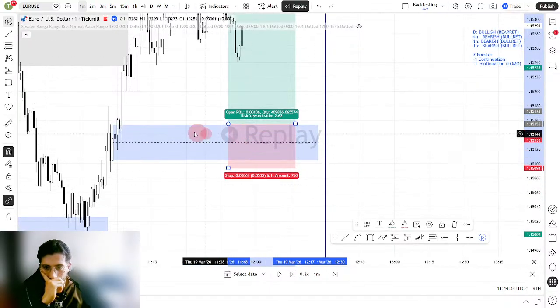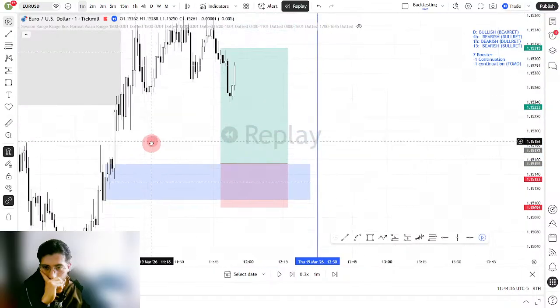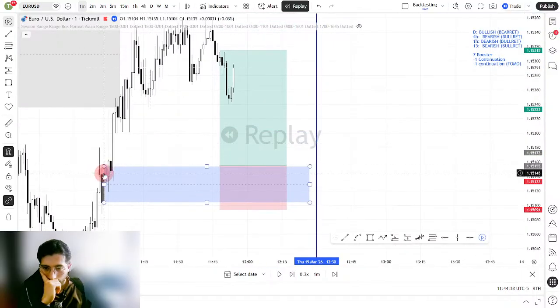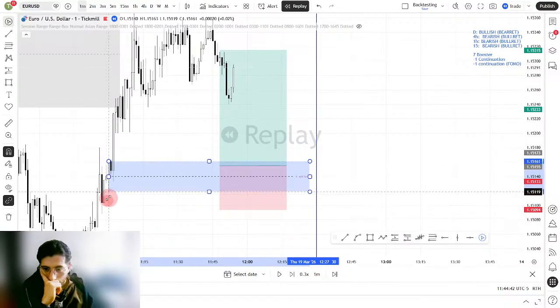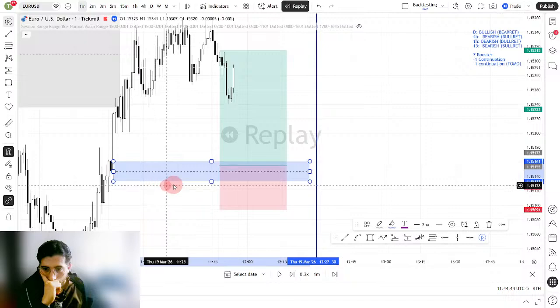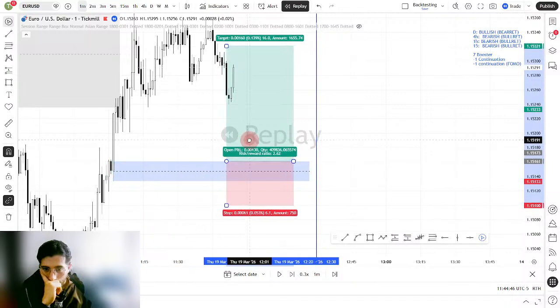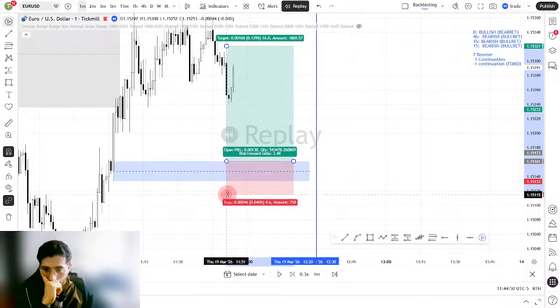How many pips? 6 pips. This is the order block. We have order flow. All right, now here is where I'm going to put it, here and here, there, and here. Yeah.